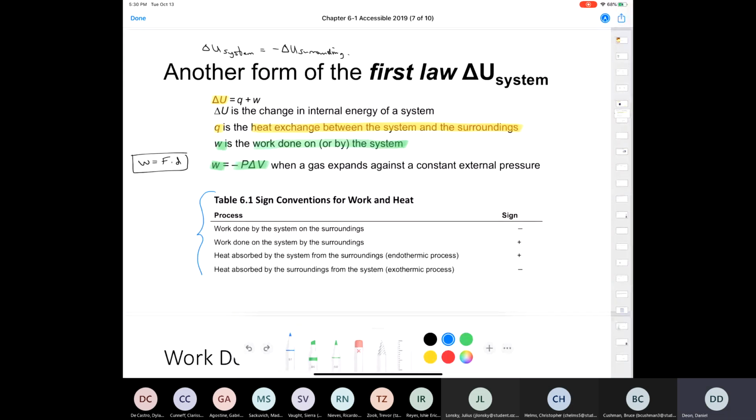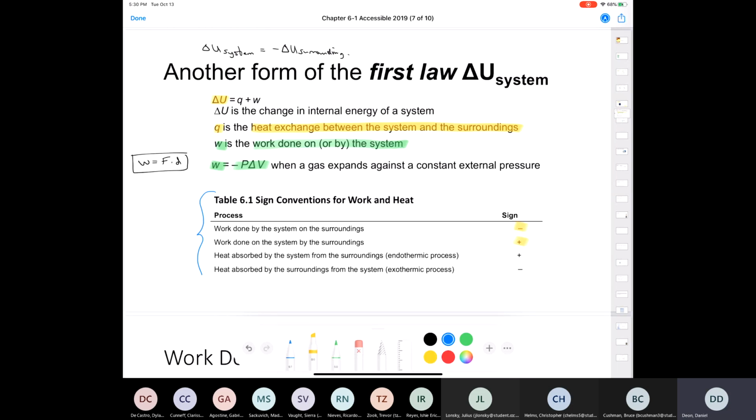Now, all kinds of students have all kinds of ways of rationalizing this. But the way that I think about it is, if the system is doing work on the surroundings, I say the work is leaving the system. So it gets a negative sign. The opposite, if work is being done on the system by the surroundings, we give it a positive sign.